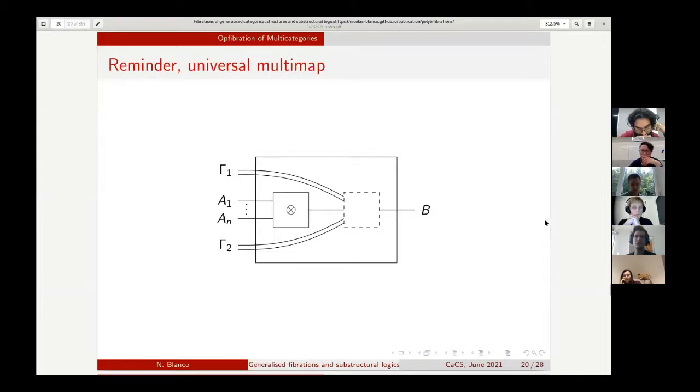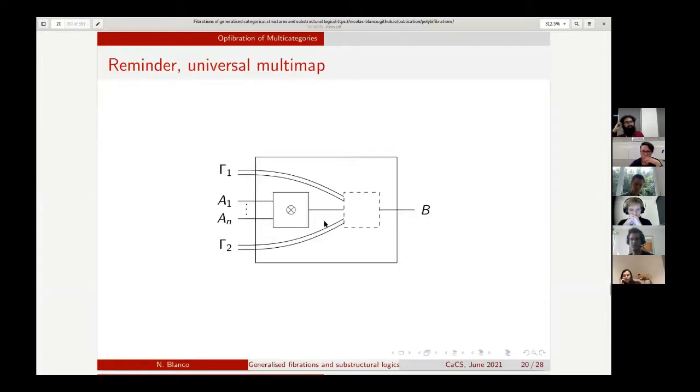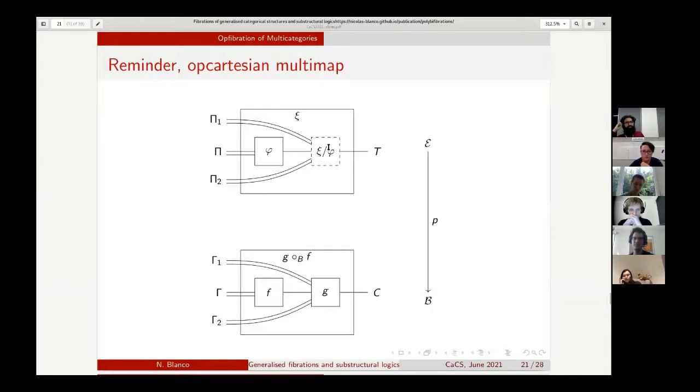And so this is the representation of the factorization property of a universal multimap. So we can tensor the input. This is the universal property of op-Cartesian multimaps. And we see that this really looks like this one, except that it is parametrized by this functor P. So this factorization property should hold only if it's already true in the base.